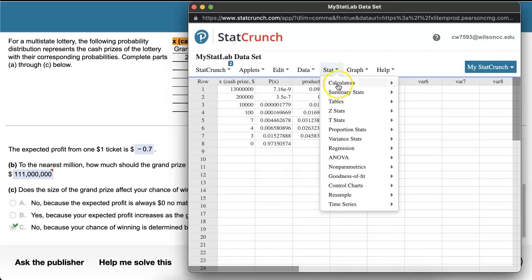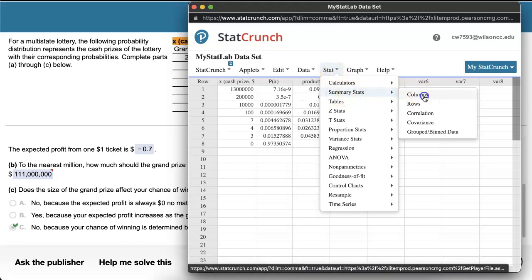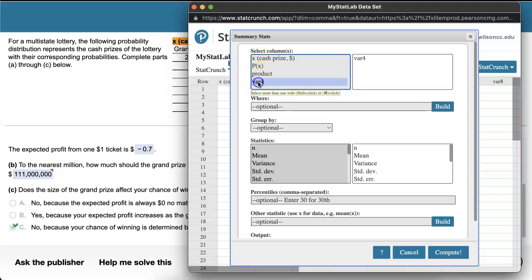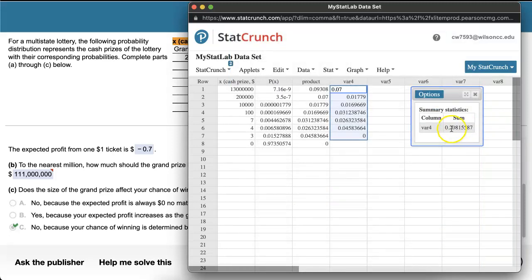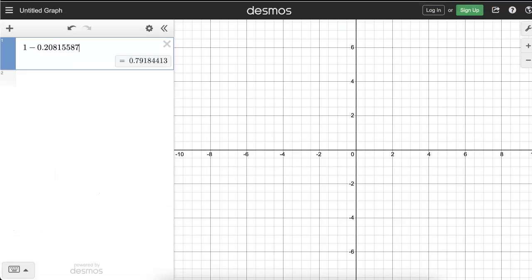I'm going to do the same kind of summary statistics. I'm going to go back to Stat, Summary Stats, Columns. This time I'll select Var 4 for the name of that column. I didn't name anything special. Sum, and then compute. So keep that number in mind, 0.208 approximately. Actually, I think what I did was just copy and paste it because from here, I just brought up an online calculator. It's not a very complex calculation or anything.